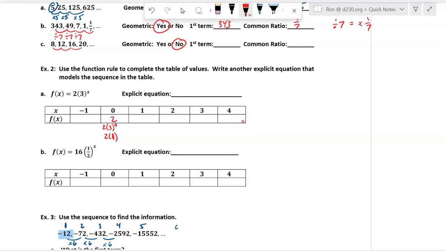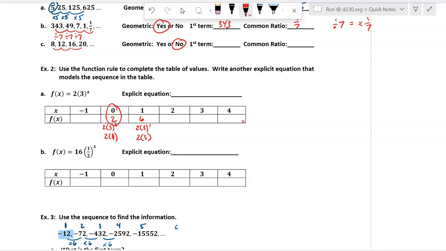If I plug the next one in, 2 times 3 to the first power, that's going to give me 2 times 3, which is 6. Notice here in this formula, you're not starting with the x minus 1. You're just raised to the x power. Anytime you have the 0 term, you don't have to do the x minus 1.